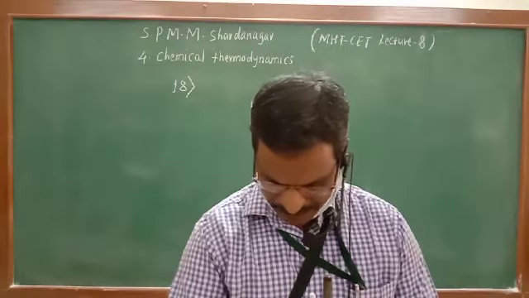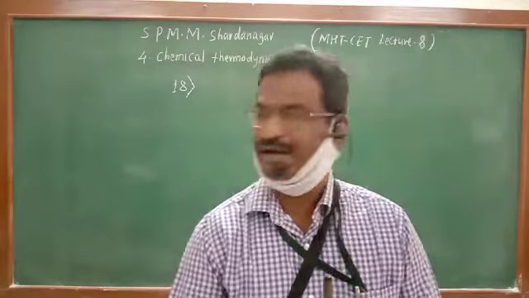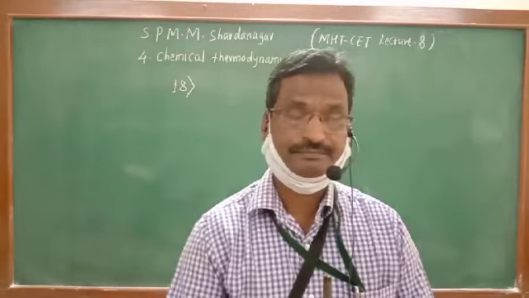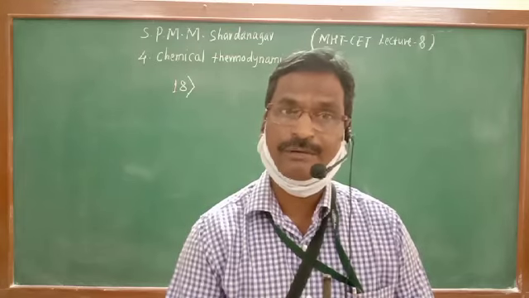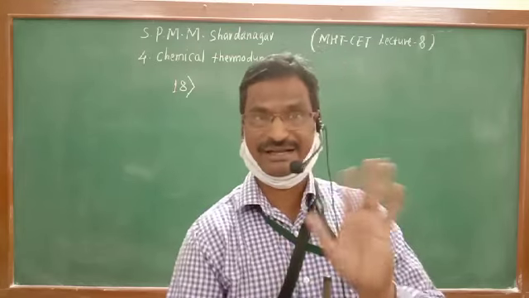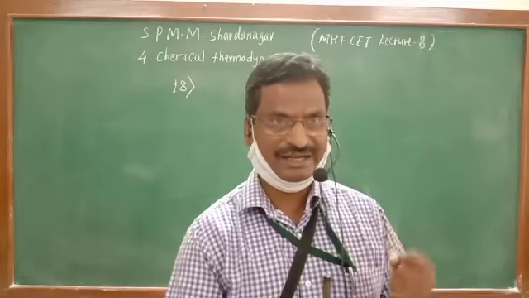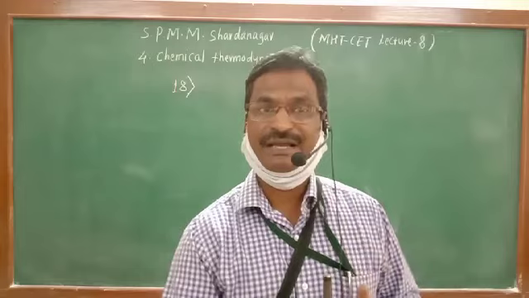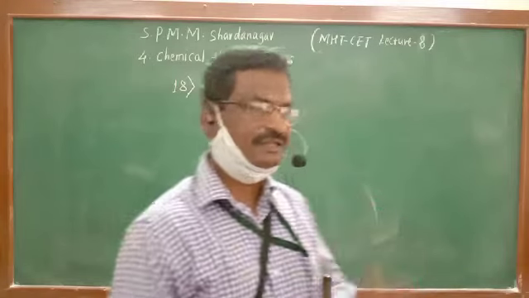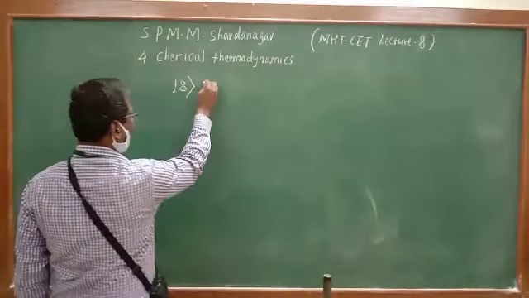And last is energy arising by gravitational pull. This is not internal energy. The energy arising due to gravitational pull is not the internal energy. So the correct option is D.